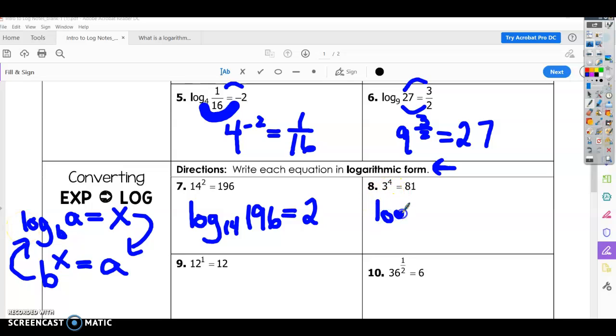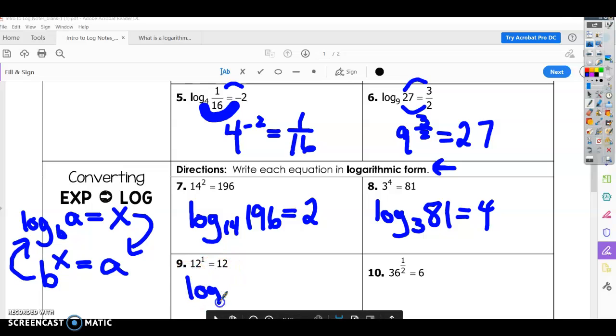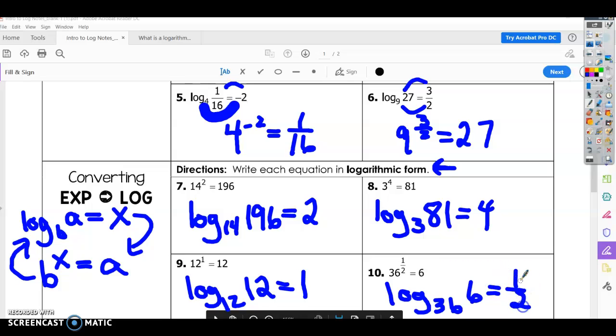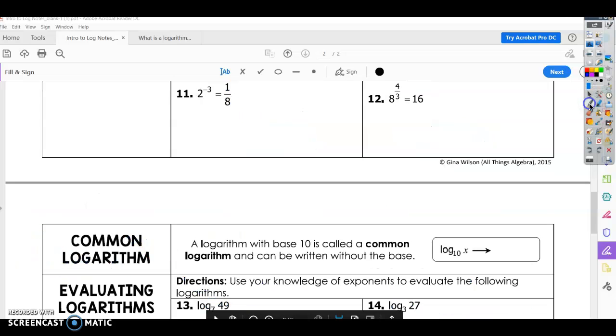So log base 3 of 81 equals 4. Here we've got log base 12 of 12 equals 1. You're going to see anytime these numbers match, that's going to equal 1. Here we're going to have log base 36 of 6 equals 1/2. Just a couple more examples.